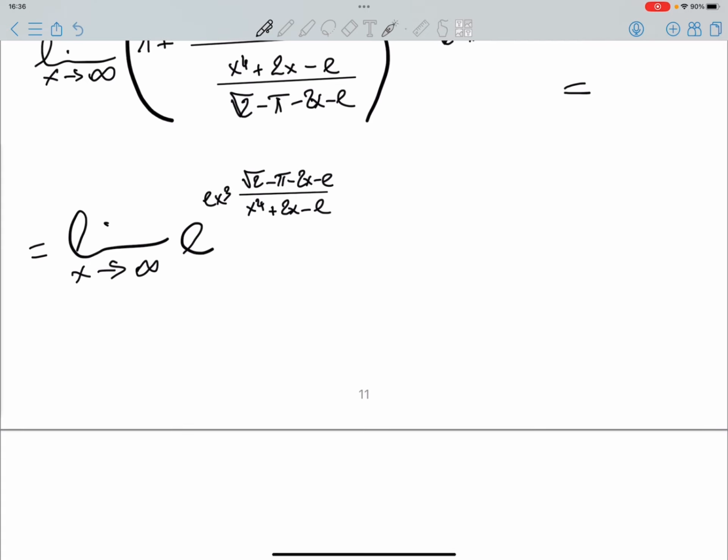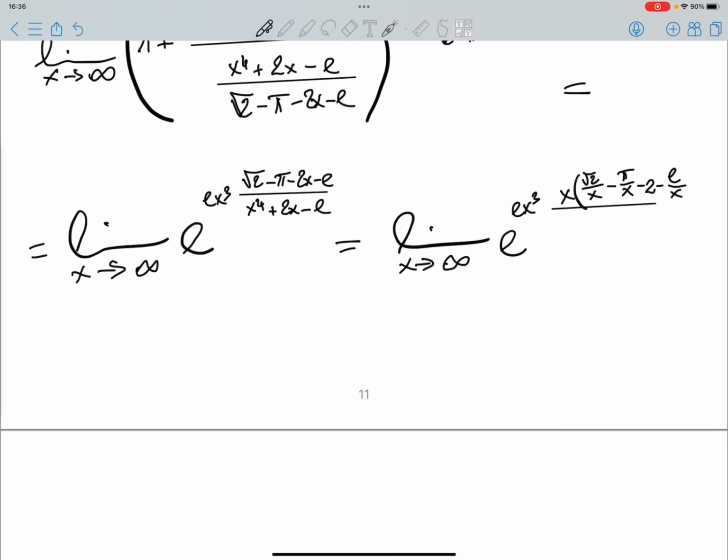Now we're going to factorize here. We take x out of the bracket, and on the denominator x to the power 4 out of the brackets. So we have the limit as x tends to infinity of e to the power e x cubed, and then in our fraction, on the numerator we have square root of 2 over x, minus pi over x, minus 2, minus e over x.